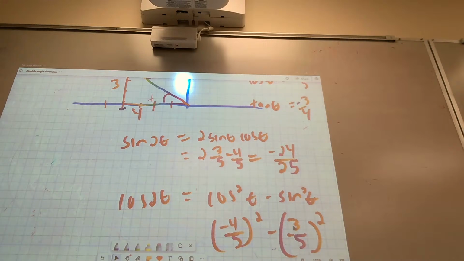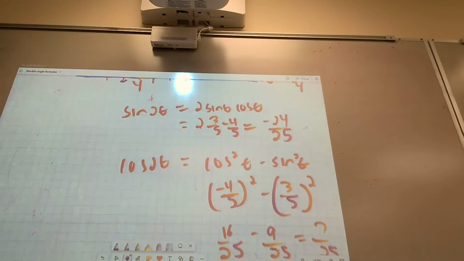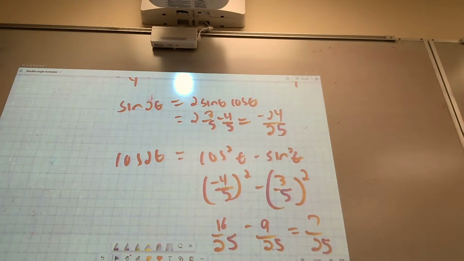Then you have 3/5 squared, so you're squaring the 3 and the 5. That gives you 9 over 25. So we have 16/25 minus 9/25, which is 7 over 25.